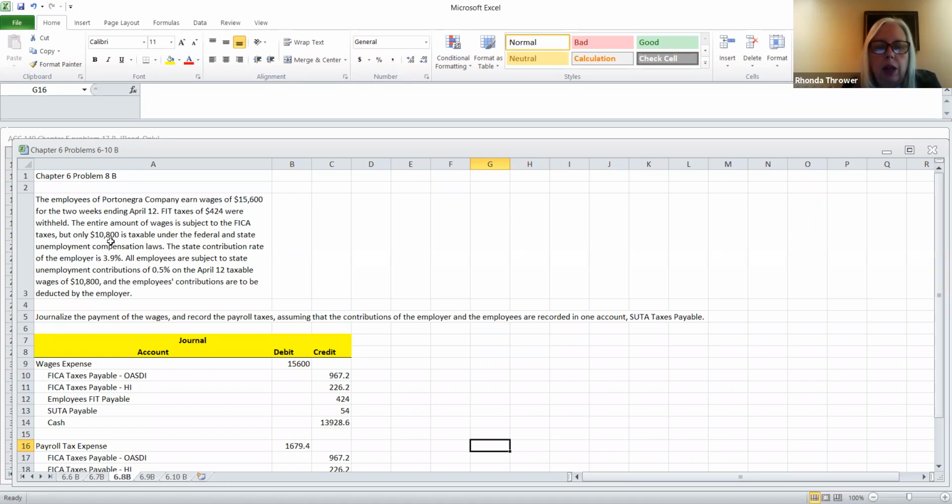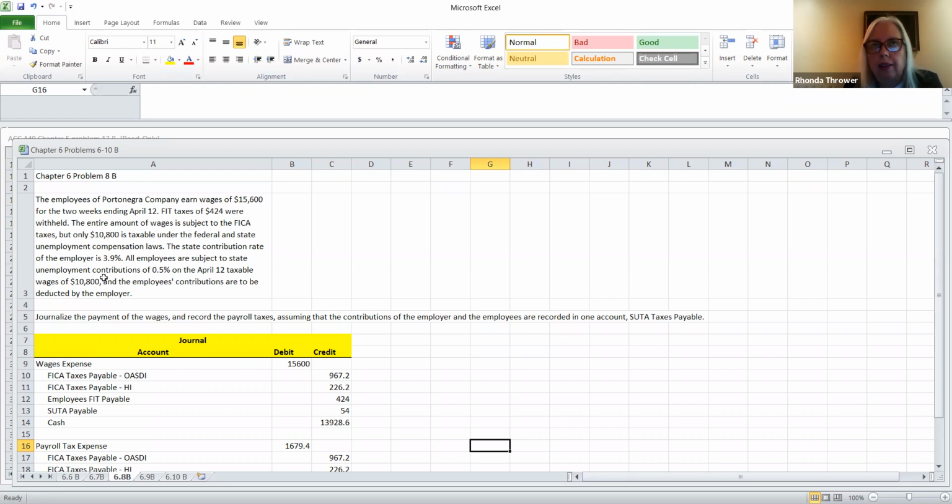So you have to keep that in mind when you're making your calculations for your journal entries. The state contribution rate of the employer is 3.9%, and all employees are subject to state unemployment contributions. That's something that's new in the journal entry for this. Some employees have to pay unemployment contributions to their state.